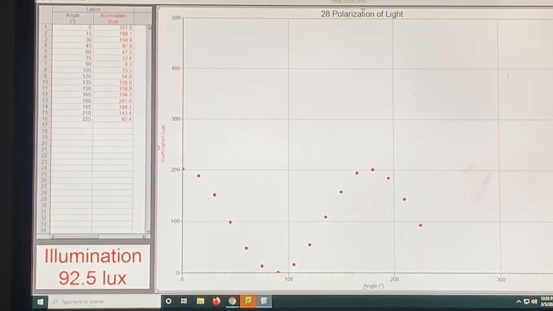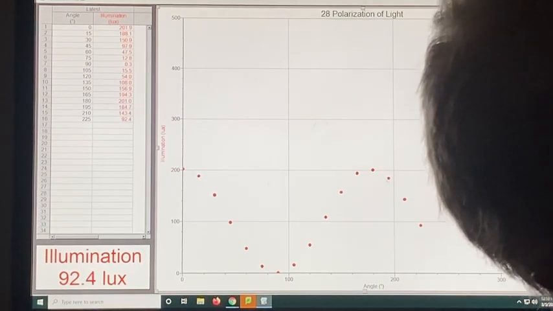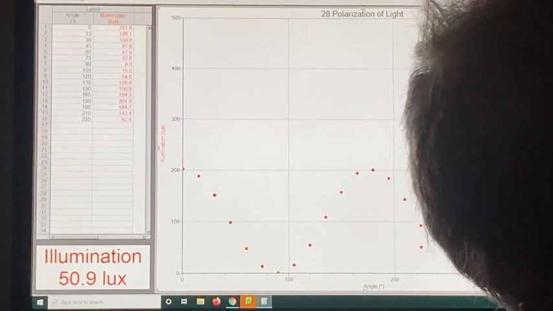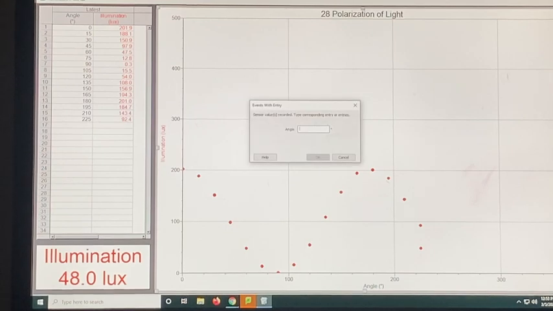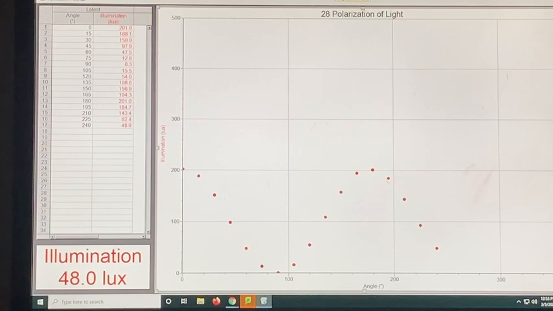And we're at 240. Getting almost done. All right, then 255.